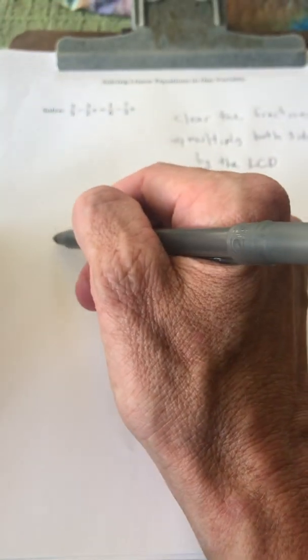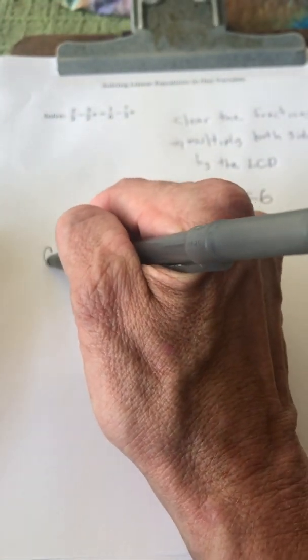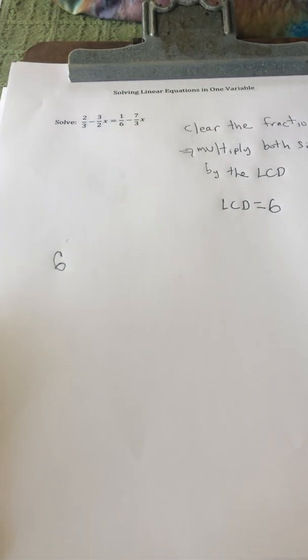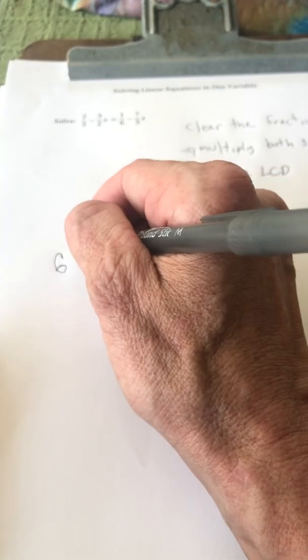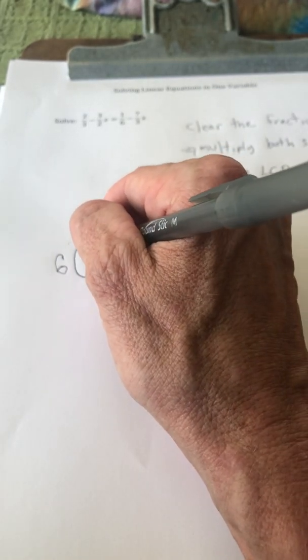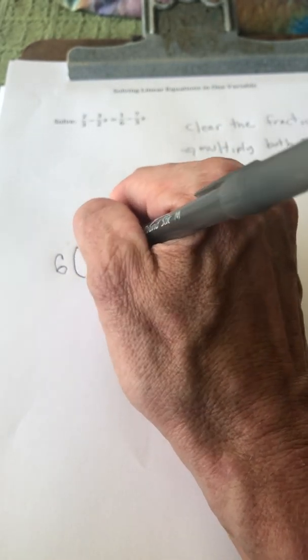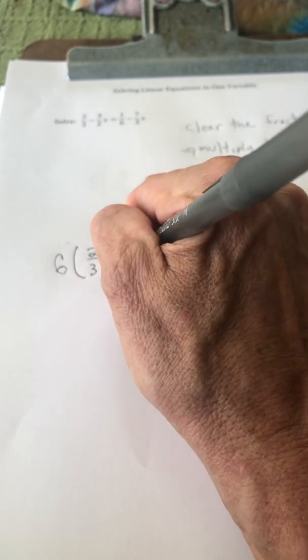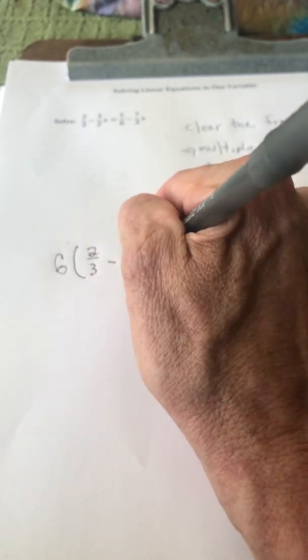So the left-hand side, we have 6 times the quantity 2/3 minus 3/2 x.